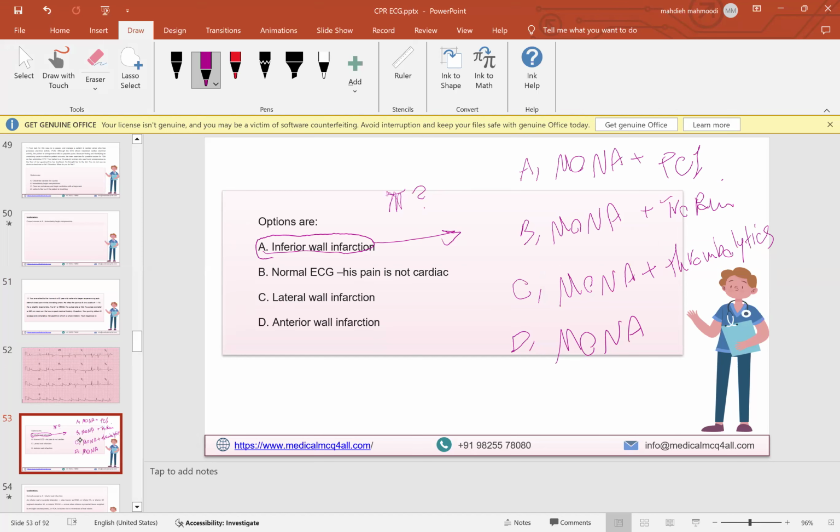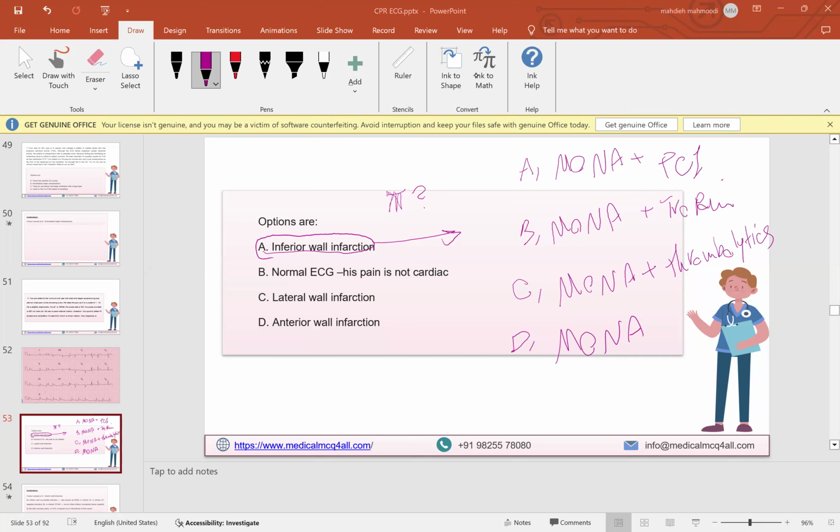A option, MONA plus PCI. Anyone else? Very good.